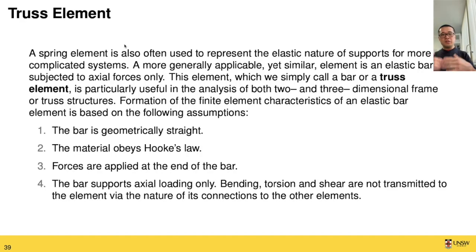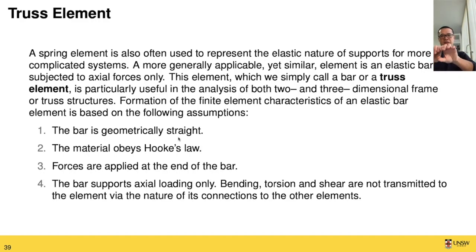Okay, based on this understanding of the truss element, we will assume that a truss element for finite element analysis has the following characteristics to make the model tractable. First of all, this bar is geometrically straight.